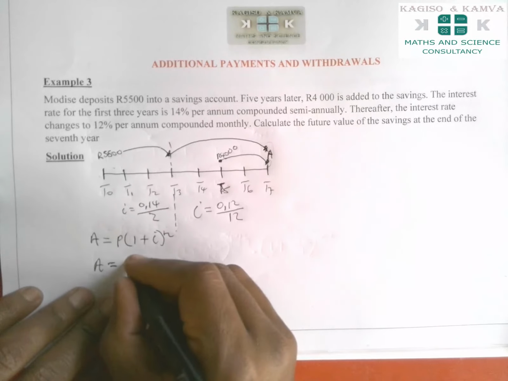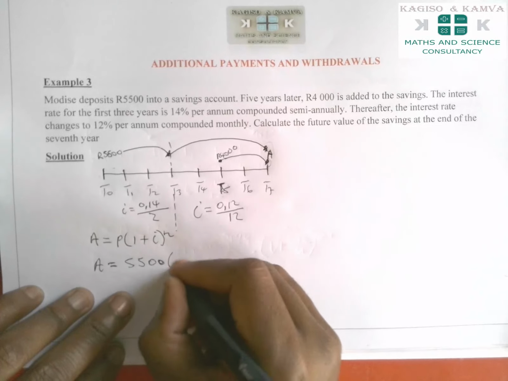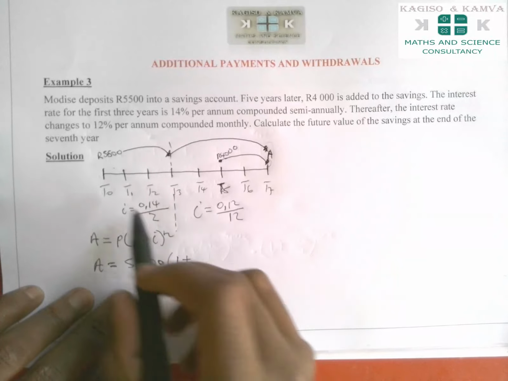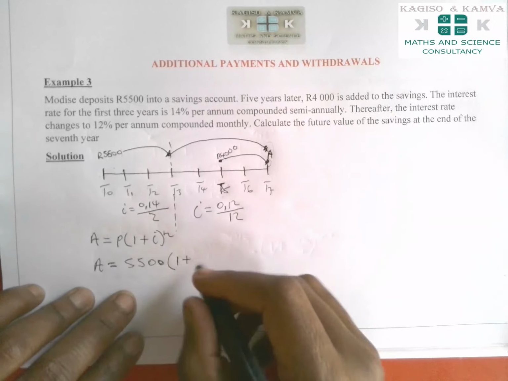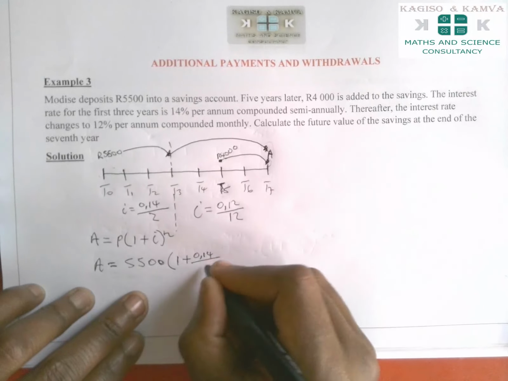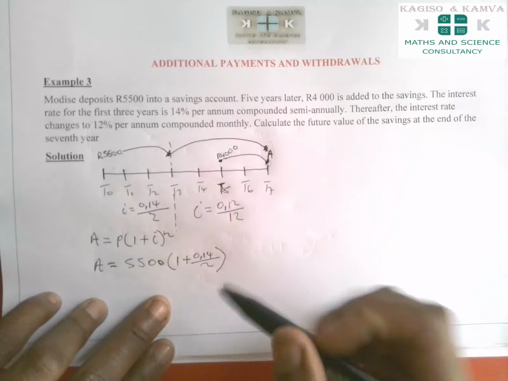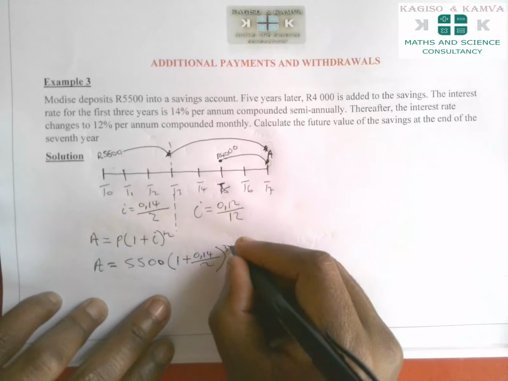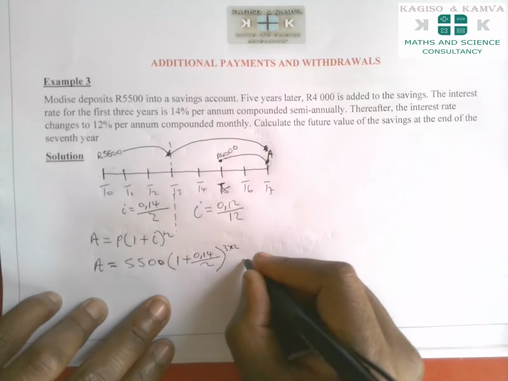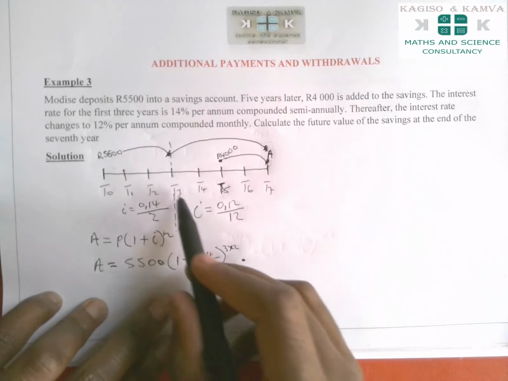This is going to be 5,500 times 1 plus the first interest rate, 0.14 divided by 2, for 3 years. This is going to be 3 times 2, and then I'm growing it again with this interest rate for 4 years.